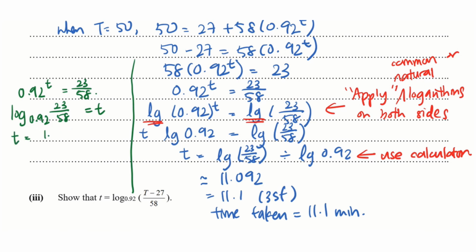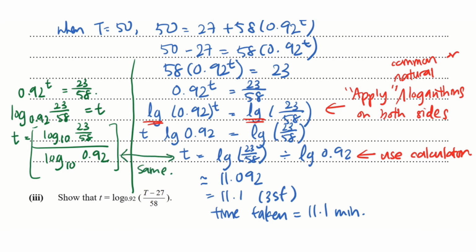We know that already, whereby we can change the base to base 10. So it will be log base 10 of 23 over 58 divided by log base 10 of 0.92. You find that this calculation is actually the same as this one here. They are the same kind of calculation, so either way is fine.